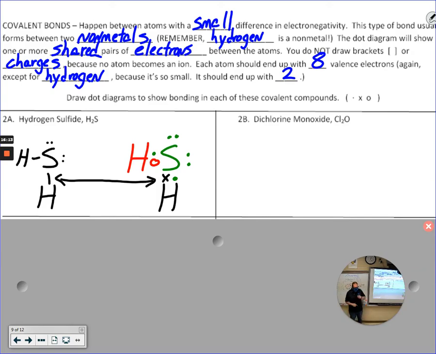Now let me ask your opinion. Based on what you've seen so far, based on how these atoms are joined in a bond here, versus a couple pages ago, or on the other side of your page, where they were joined because they have different charges and they're attracted that way, which kind of bond do you think is stronger, ionic or covalent?